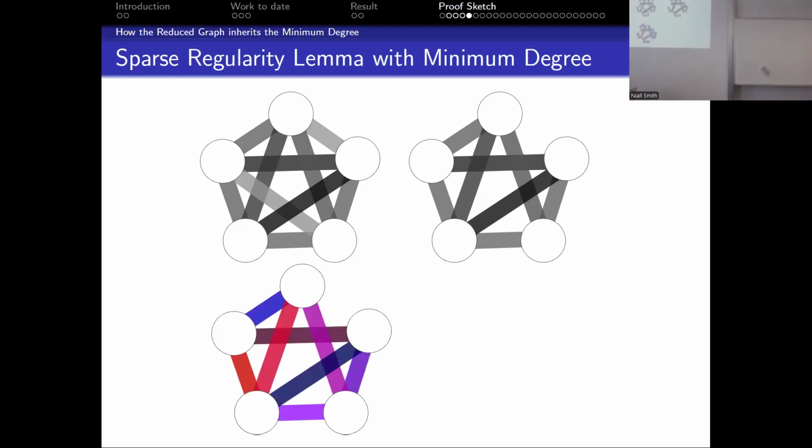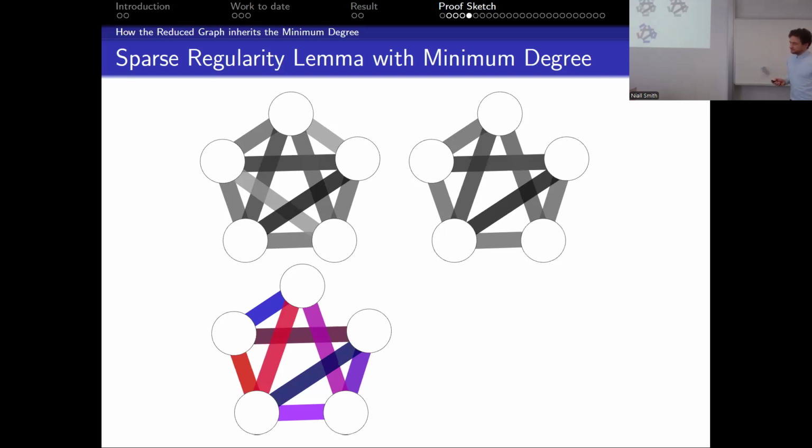Now, if we do it on a graph that's colored, I've made these various shades of purple to show that. For example, these two are supposed to be very red, and these ones are supposed to be more blue. If you do a sparse regular partition of both the red graph and the blue graph at once, you can get a partition that's sparsely regular in both colors.